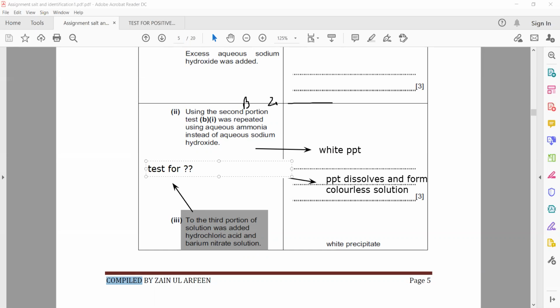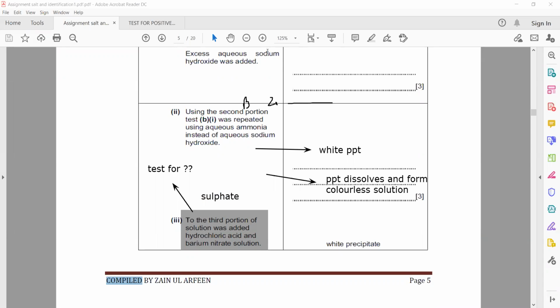When you add hydrochloric acid followed by barium nitrate or barium chloride, it is a test for sulfate ion. And if it gives a white precipitate, it confirms that the sulfate is there.